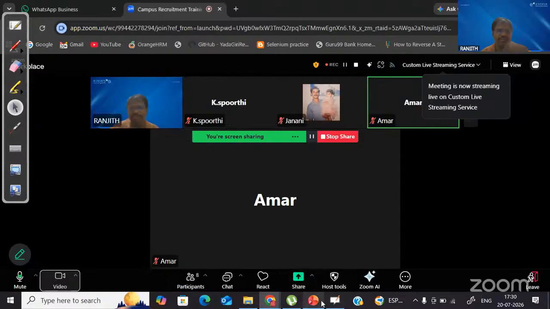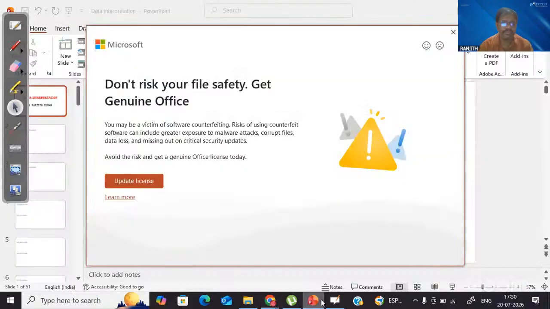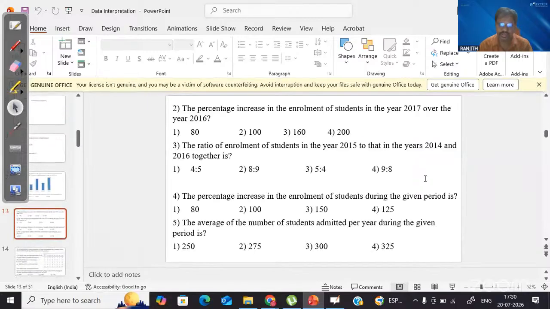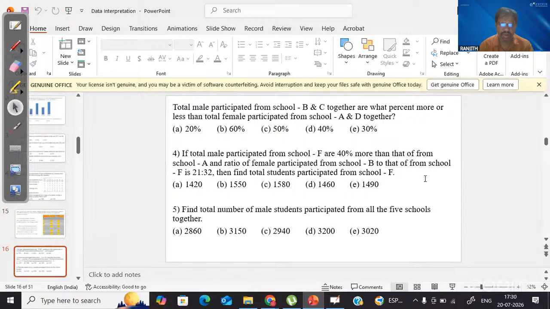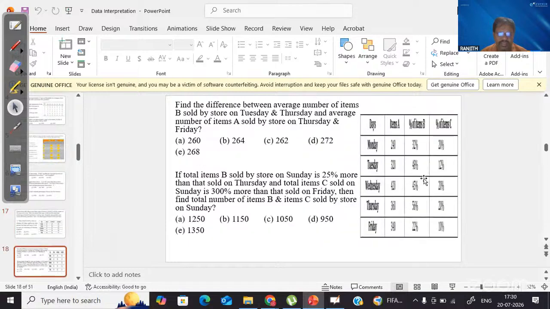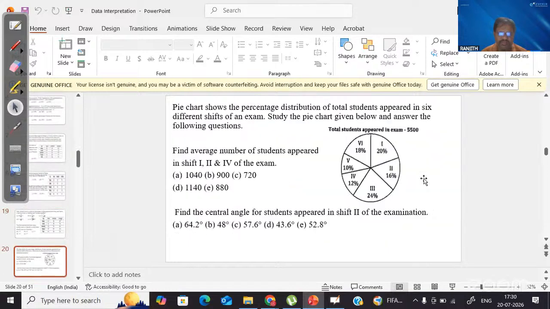Good evening, friends. So let's start the topic, data interpretation. So we have done a few questions in data interpretation. Can you please try to solve these questions? I think this question is completed.